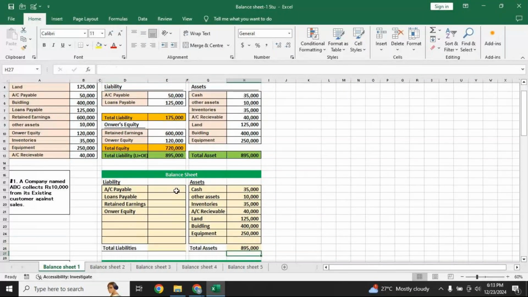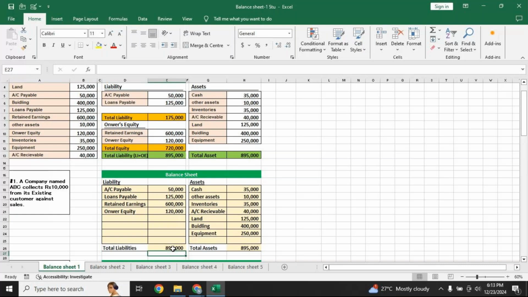On this side also I'm going to take the values: account payable, loans payable, retained earnings, owner's equity, and here I'm going to take the total. So both sides are the same.